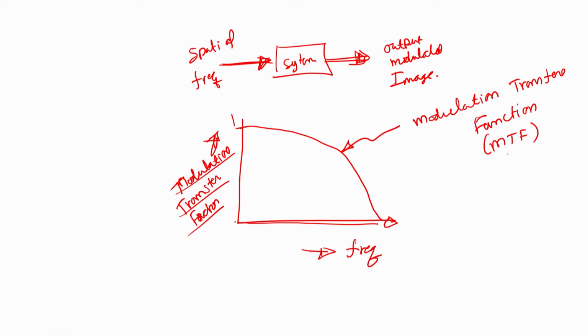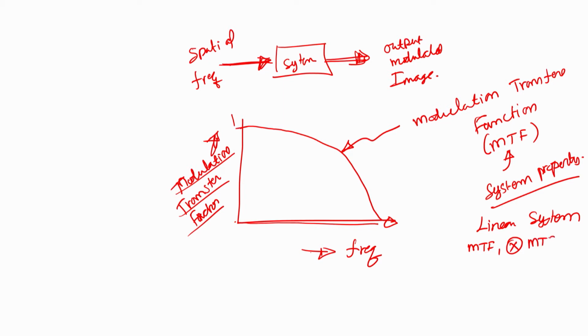This MTF is a system property, and this system property can be measured using various approaches. Assuming this is a linear system, the MTF of different components can be convolved with many other MTFs.